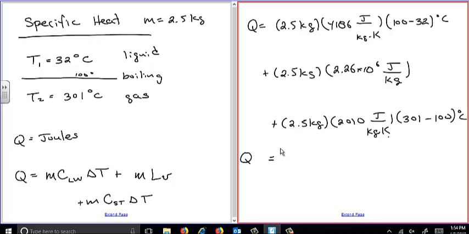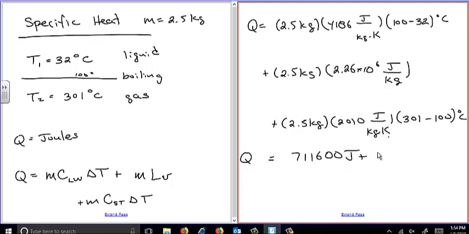So let's go ahead and calculate each one of these, and then we'll see what the order of magnitude is. Okay, 711,600 joules. So that's heating it up. 2.5 times 2.26 e to the sixth.